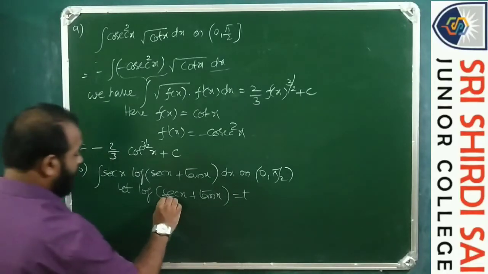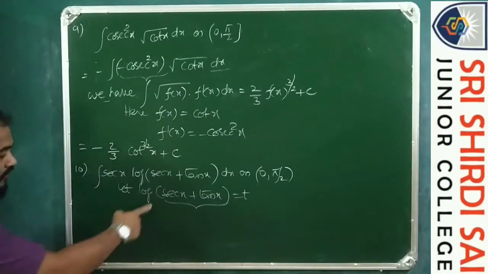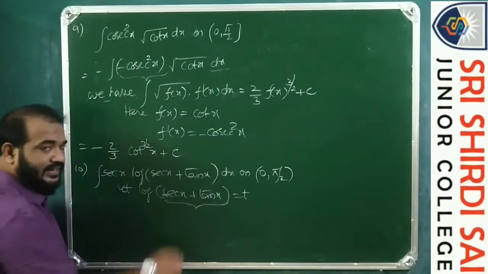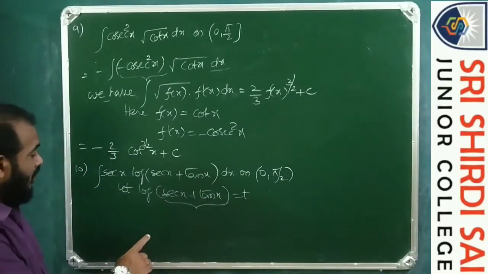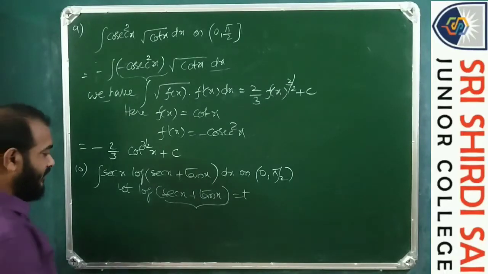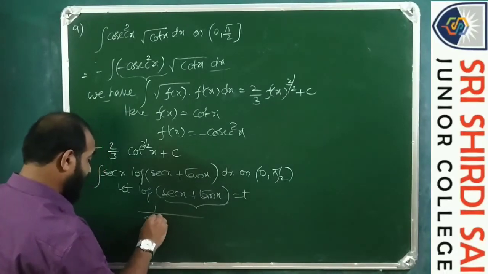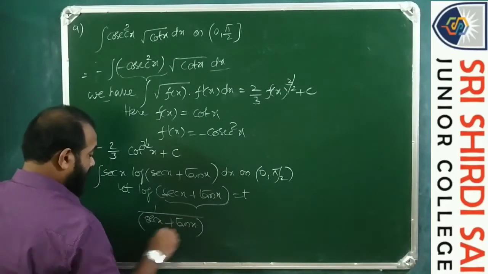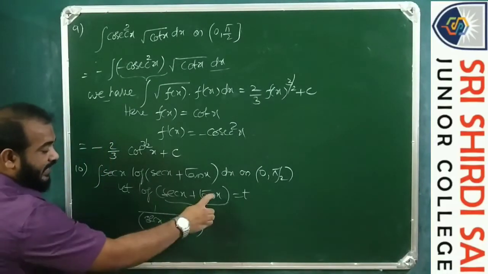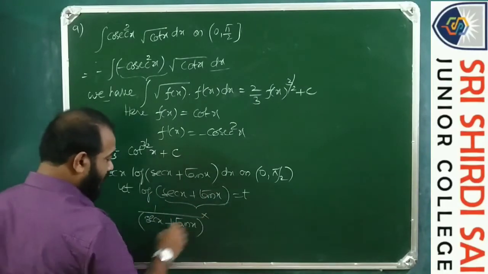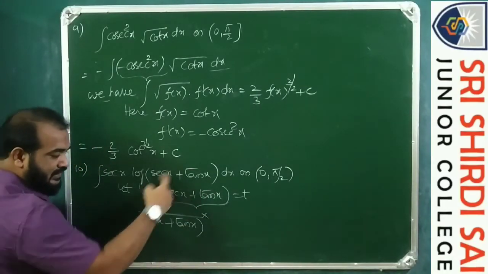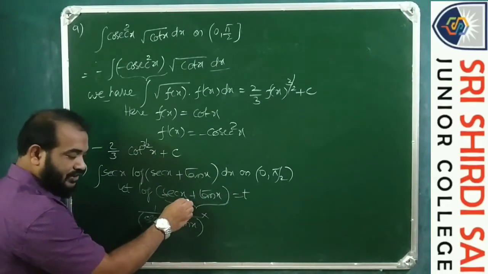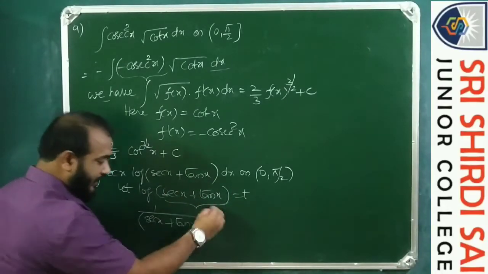Now let us suppose this to be x, because the derivative of log of secant x plus tan x we don't know. But if you treat this to be x, then we know d by dx of log x is 1 by x. So this is 1 by secant x plus tan x into d by dx of it, since what we have treated as x has to have its derivative written here.